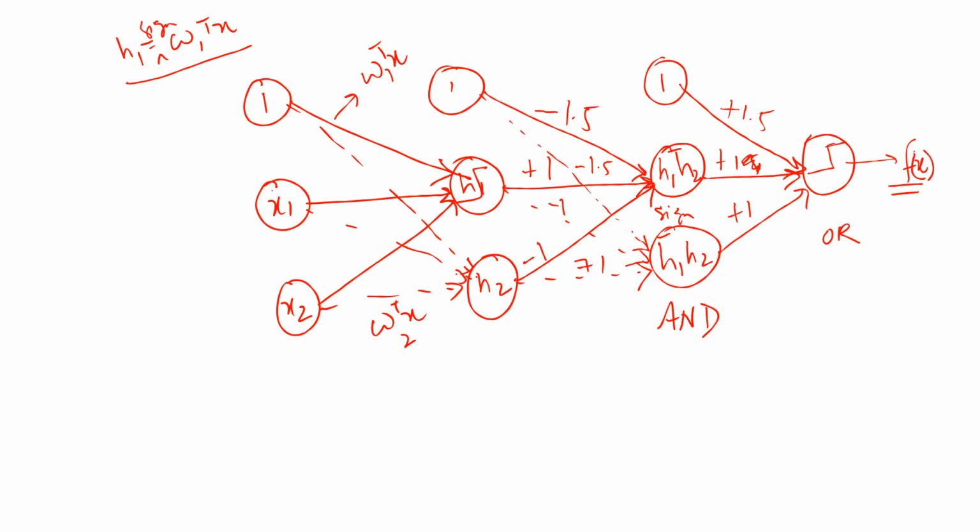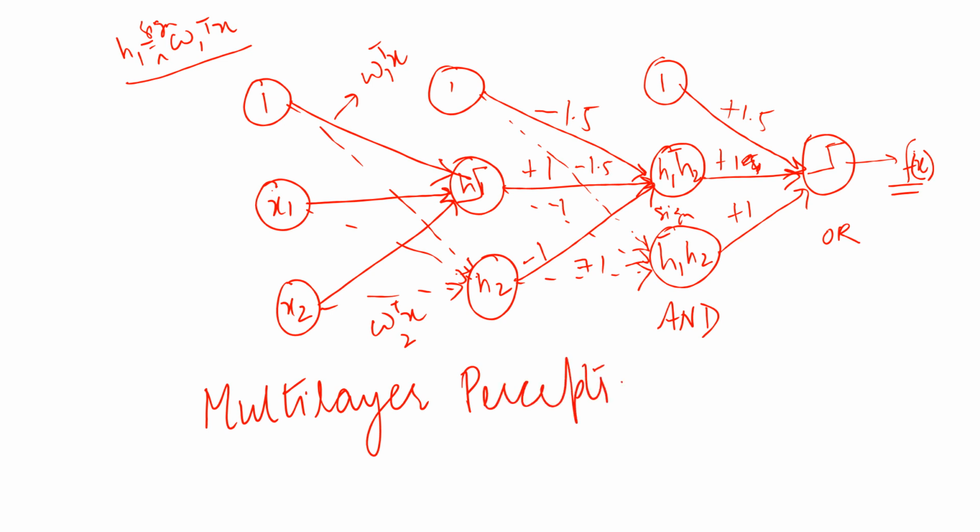So this entire structure is something that's known as the multi-layer perceptron, or also in short known as MLP, right? And all we need here is to be able to get the exact weights to accomplish this goal of representing a certain function.